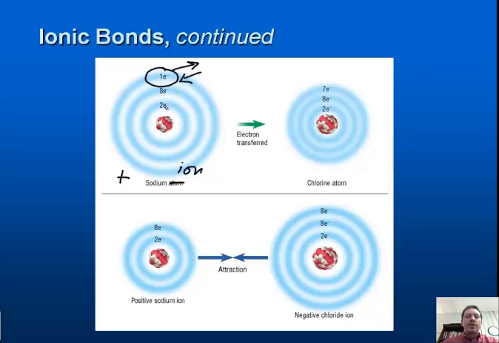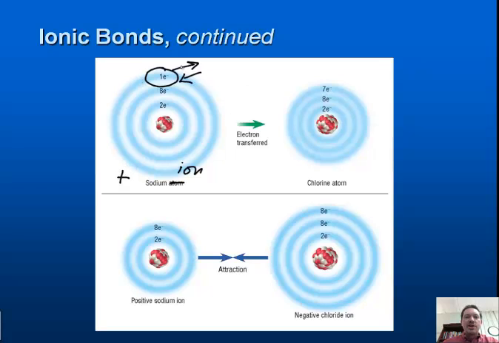In a neutral sodium atom, we've got 11 protons and 11 electrons. But if one of these electrons leaves, we still have 11 positively charged protons, but now we have 10, so 8 here and 2 here, 10 negatively charged electrons. So we've got one more positive charge in the nucleus than we have negative charges on the outside neutralizing it. We get an overall positive charge.